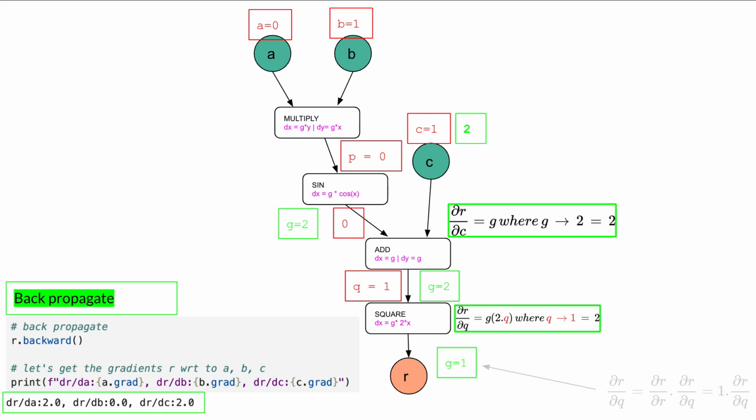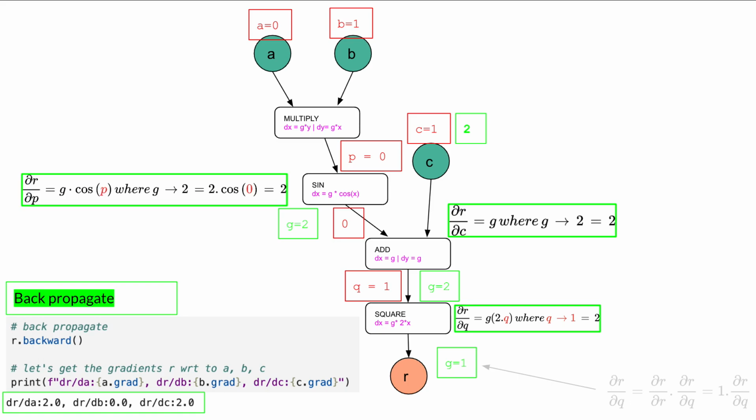That's set to 2. We then multiply by the cos of x, which is the differential of sine of x, and x here is the input, which is p, which is 0. So we get g, which is 2, times the cos of 0, which is 1. 2 times 1 is 2, and so the next partial is 2.